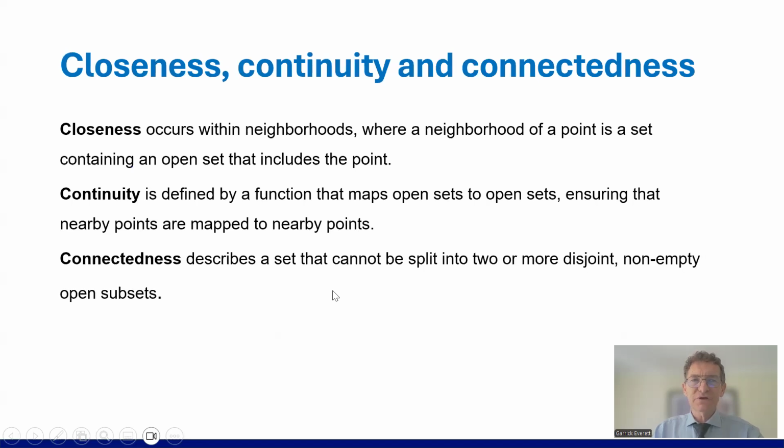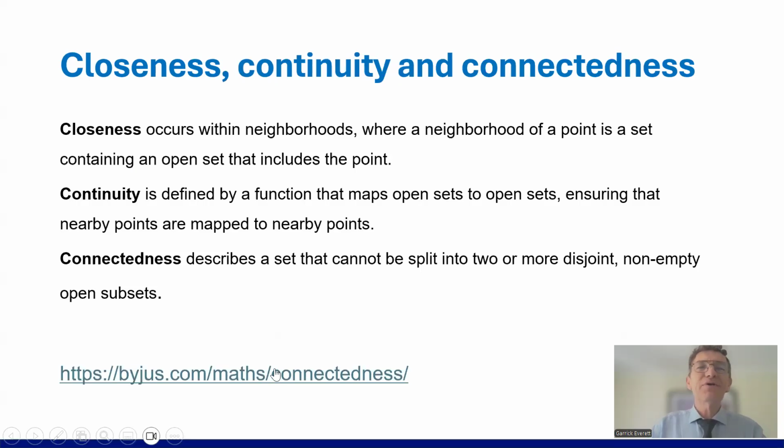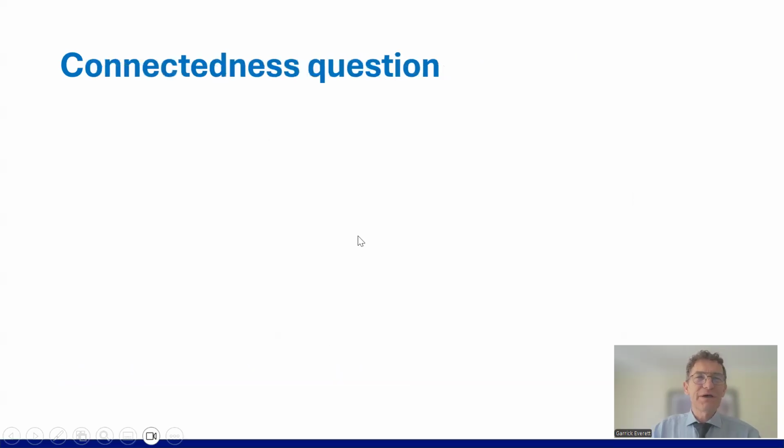And connectedness describes a set that cannot be split into two or more disjoint non-empty open subsets. Okay, so connected means it's all one. Keep those in mind. And you can read the notes on connectedness if you want. There's some more high-level stuff for you.